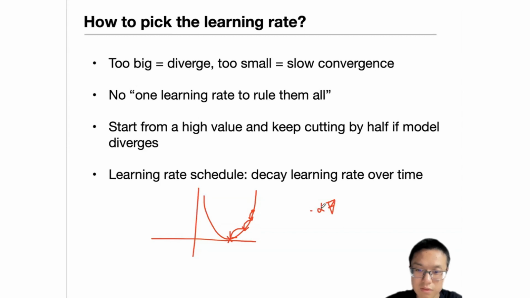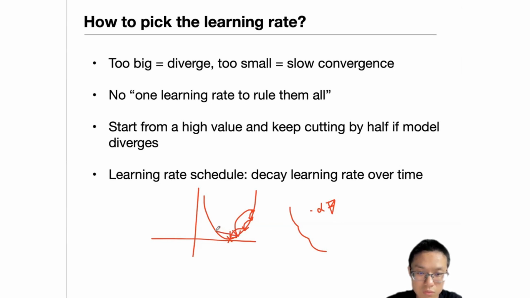If you have a large value for alpha, it means you will take a large leap. So here you may go here, you take a large jump. In the beginning, this may be okay. Maybe you have a high loss here, you take a large leap towards the minimum, and you will see your loss decrease very sharply. You take a couple of steps and you're able to minimize your loss significantly. But the problem is that in this case you end up here, very close to the global minima. If you do one more step, you have the risk of overshooting because you take a large step.